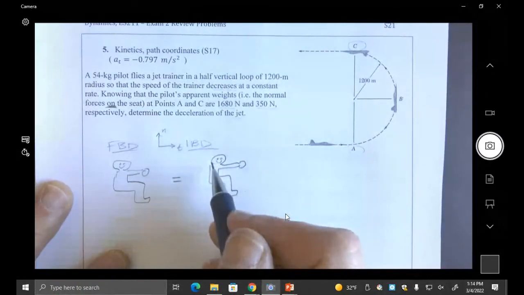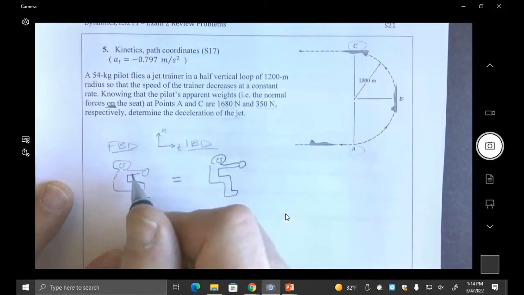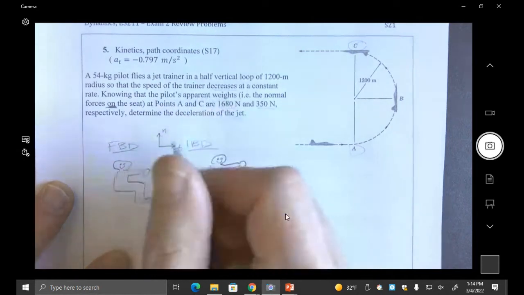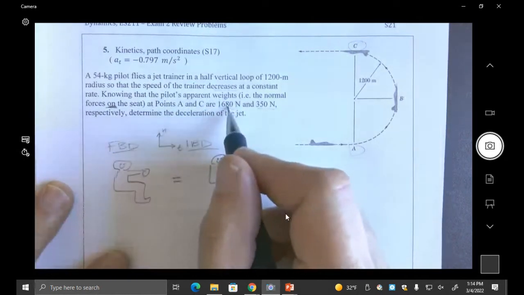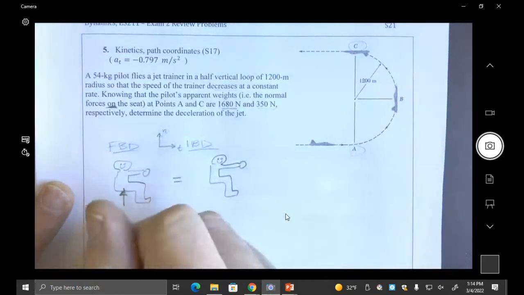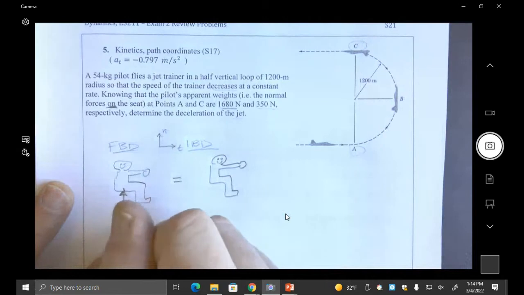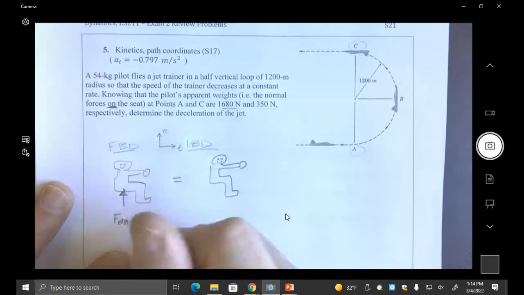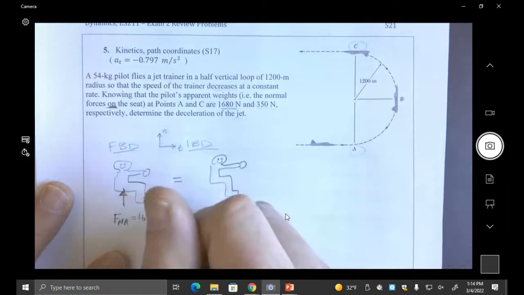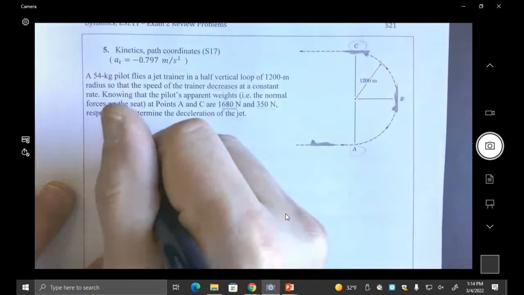So in terms of forces, the problem says it's his apparent weight, right? So that's a vertical force, that 1680 right here. So we're going to have that force acting right here on him. I'll call him FNA, and recognize that he is 1680 newtons. We also have his weight.